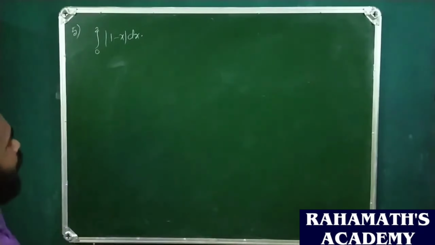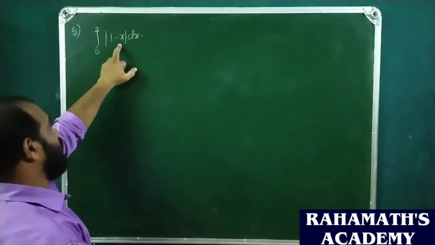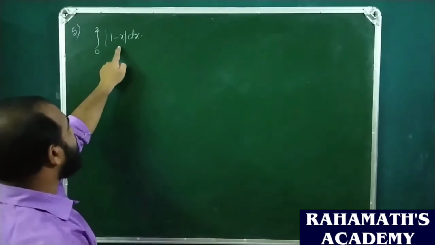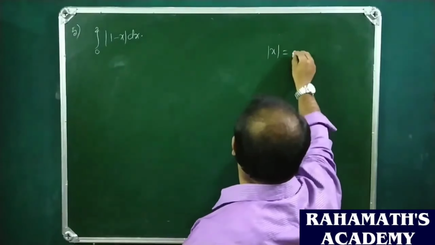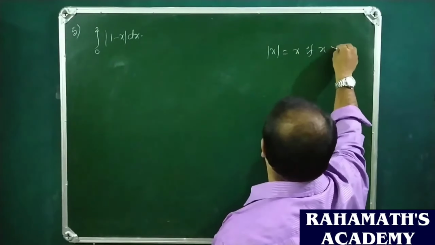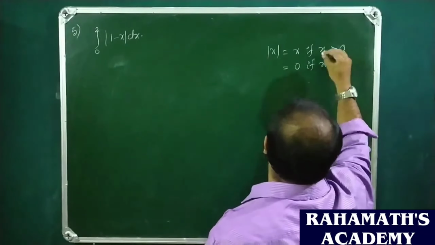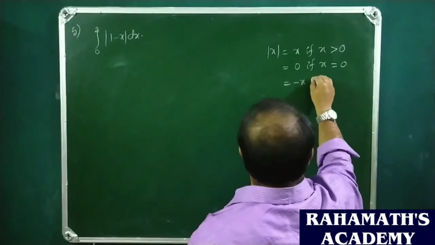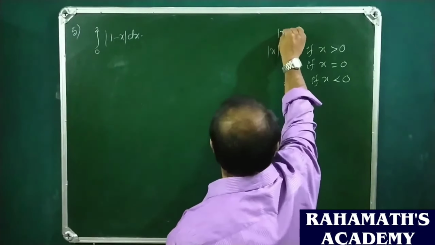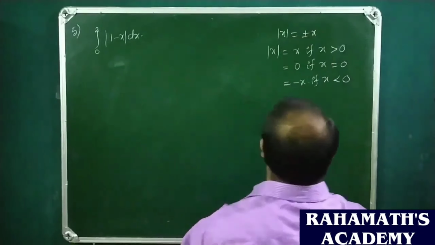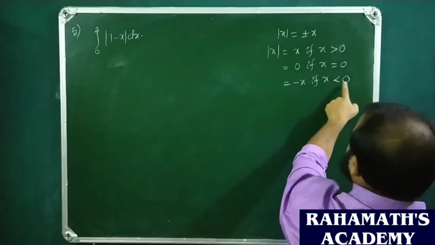So we don't know between which interval this modulus function is positive and between which interval it is negative, because modulus of x has a property: modulus of x equals x if x is greater than 0, equals 0 if x equals 0, and equals minus x if x is less than 0.